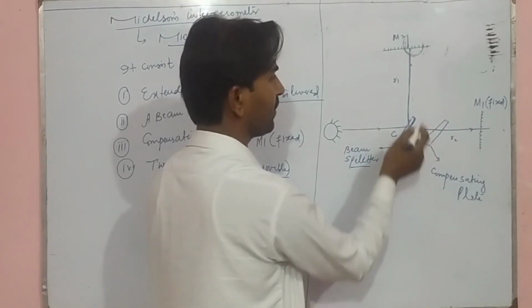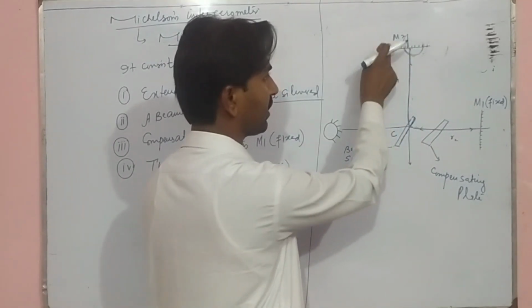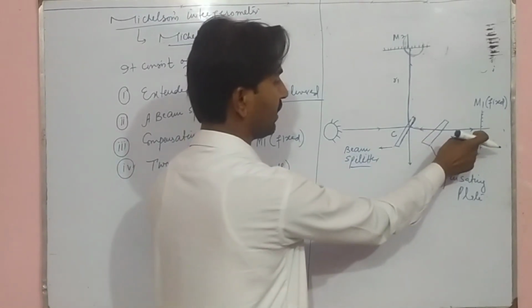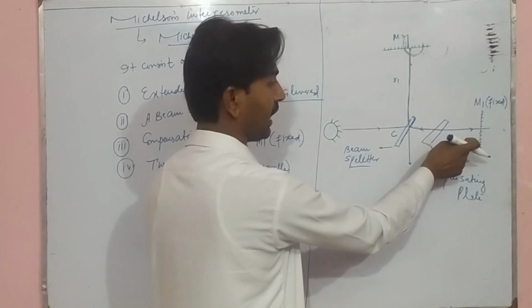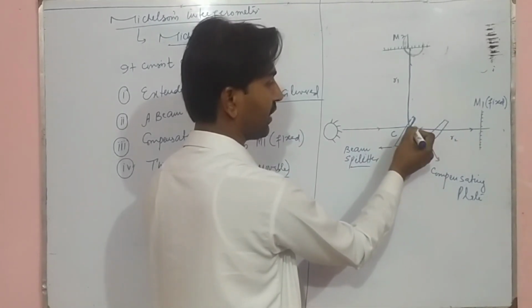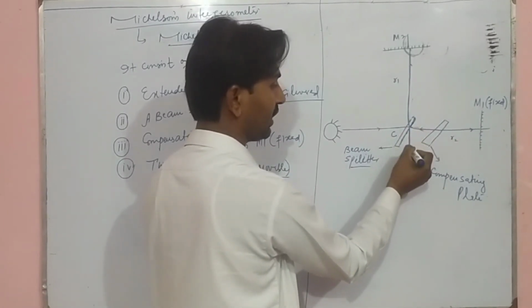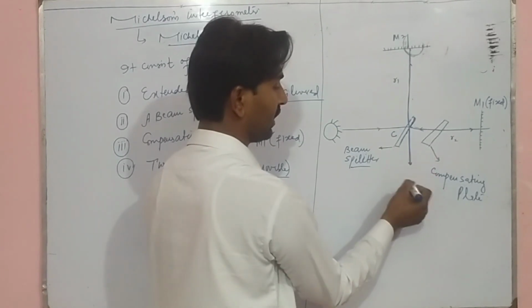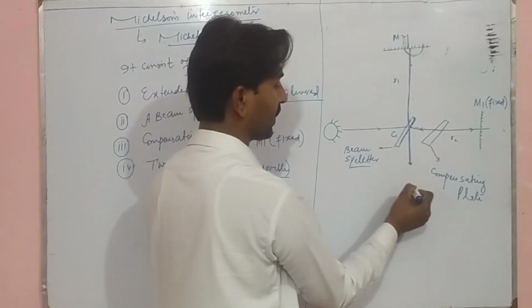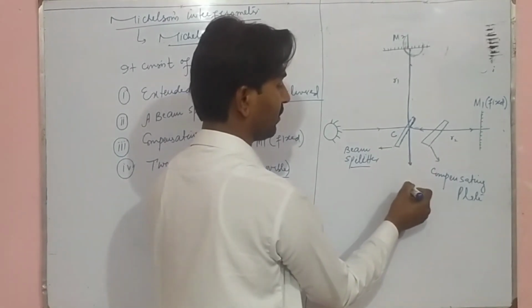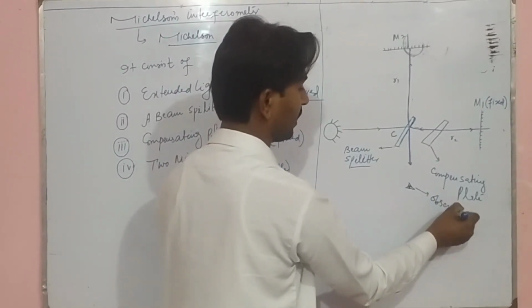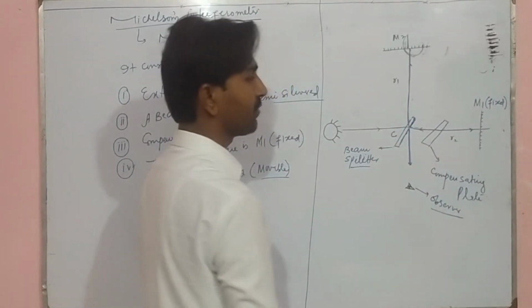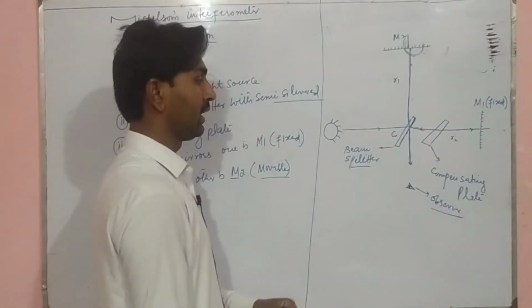So the ray after reflection from M2 and the rays reflected from M1 and crossing the compensating plate will interfere with each other, and we see the image. This is an observer which observes the interference pattern.